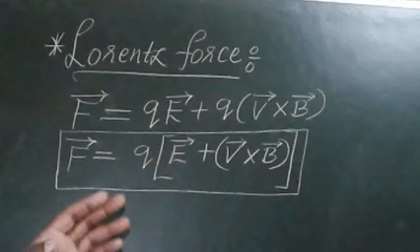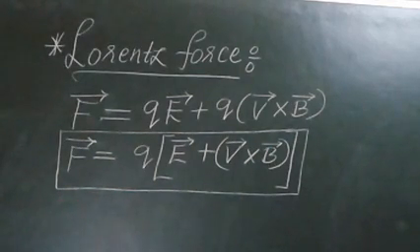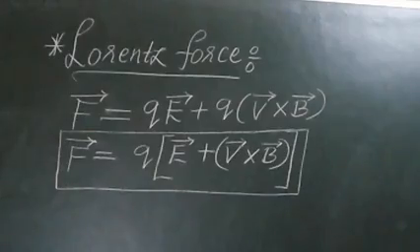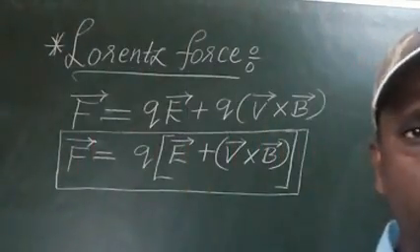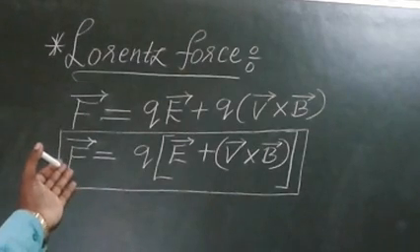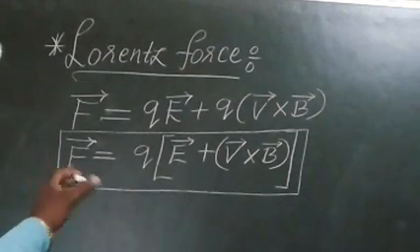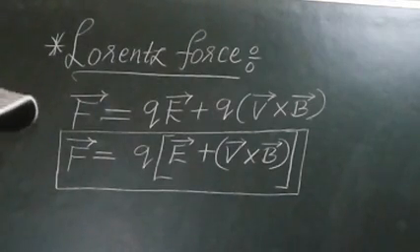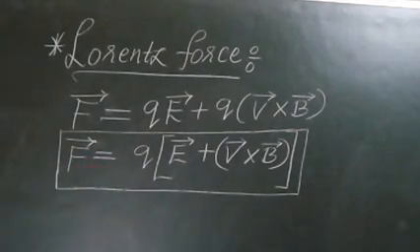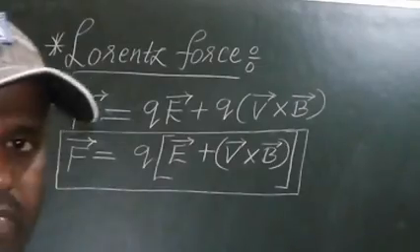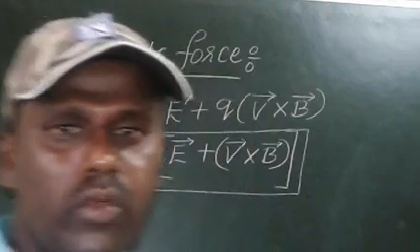It depends on Q, E, V, B, as the formula is showing. If charge equals 0, then there is no force. The force depends only on the charged particle. It is positive for a positive particle and negative for a negative particle, because it depends on Q. If Q equals 0, there is no force. If V equals 0, the charge is there but the particle is not moving, so the magnetic force is 0.